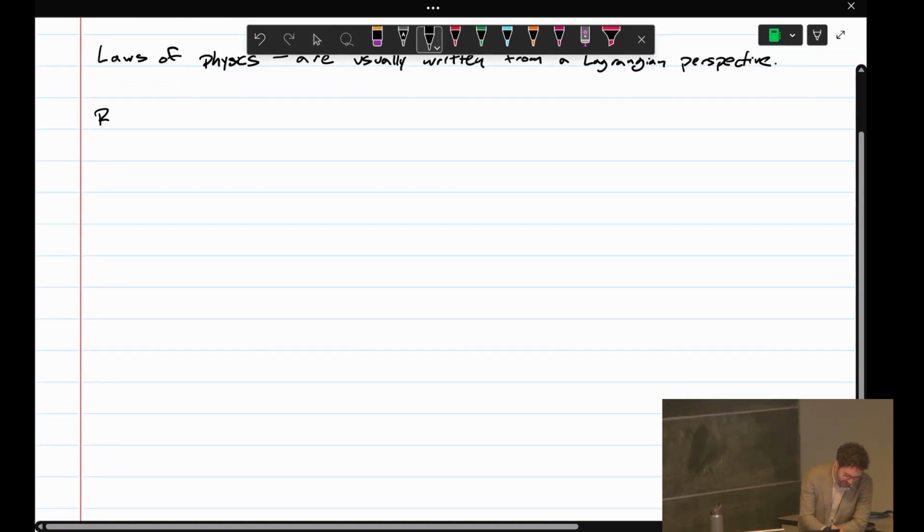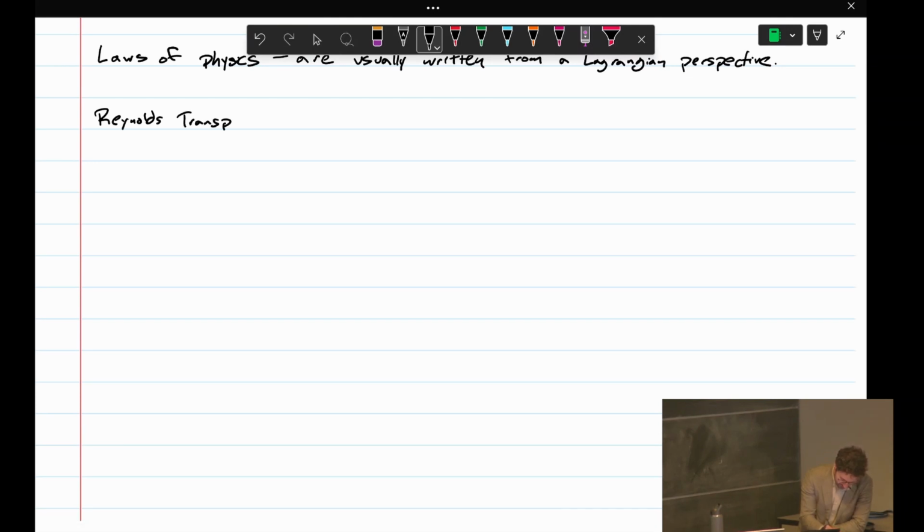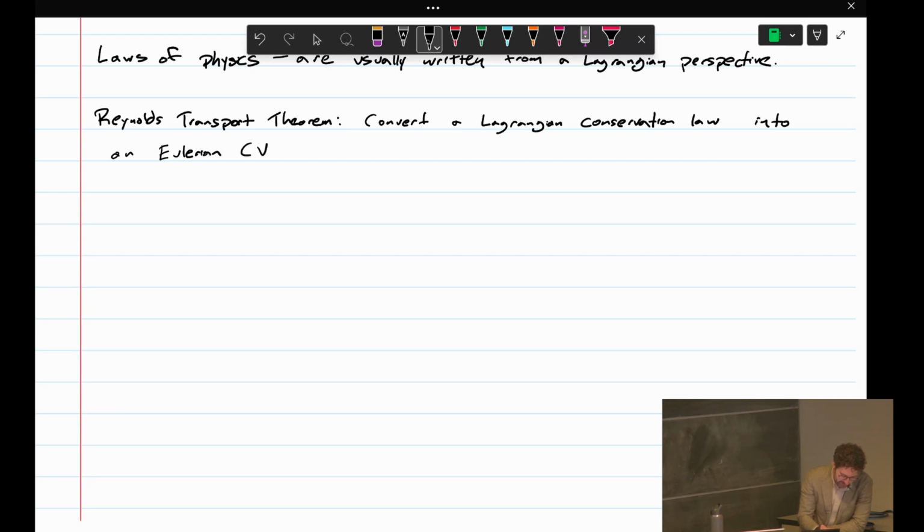So what Reynolds transport theorem does is it allows us to convert a Lagrangian conservation law into an Eulerian control volume perspective.